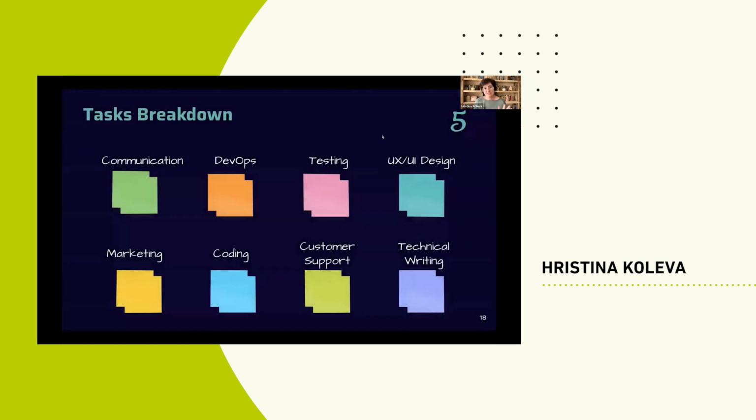Last but not least is the tasks breakdown, and it's not what you think it is. When we talk about tasks breakdown, we usually think about coding tasks and testing tasks. The thing is that it takes a village to deliver customer value. And development teams will often complain that they were delayed and they're blocked because of external dependencies. Here's the thing.